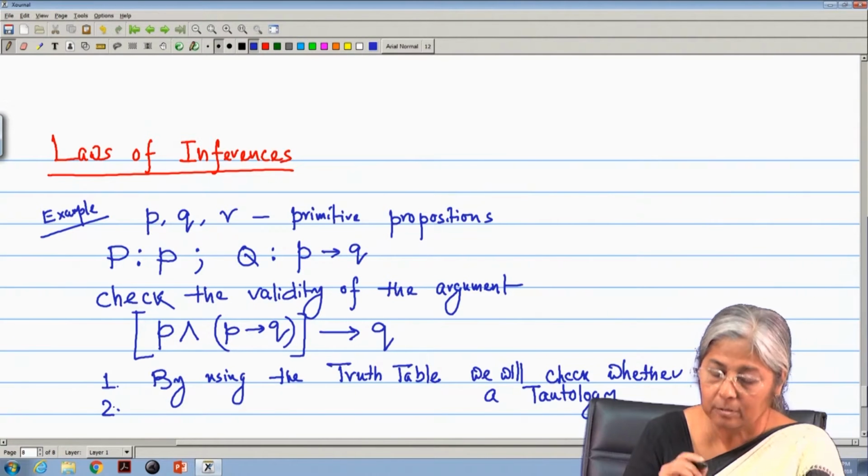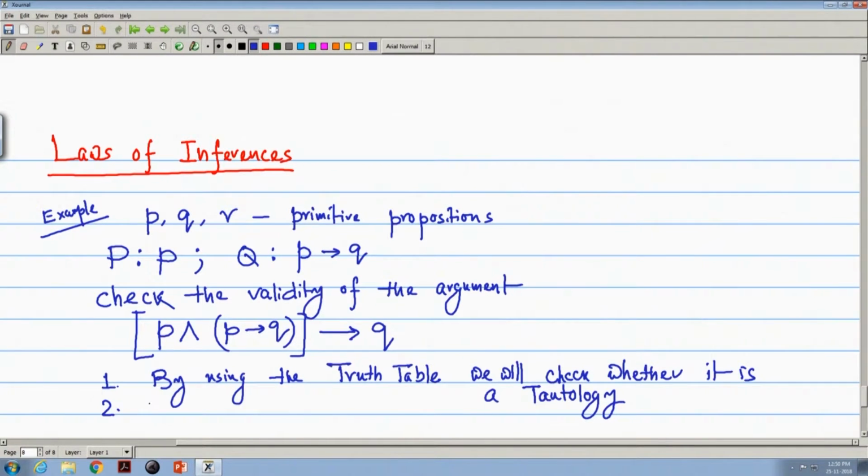The second method is applying the laws of logic, more than one.